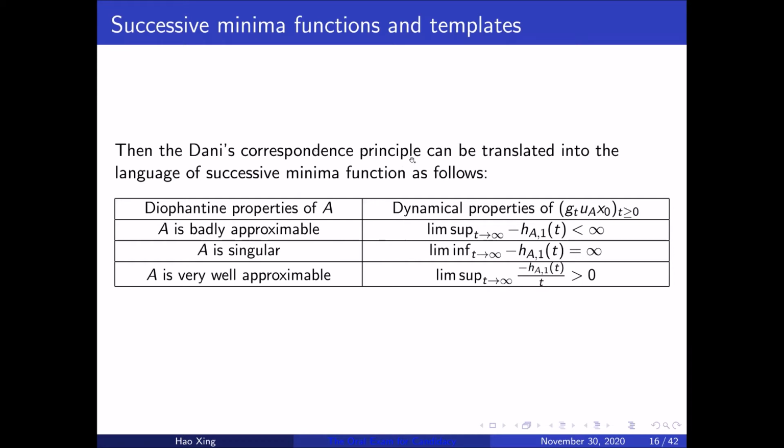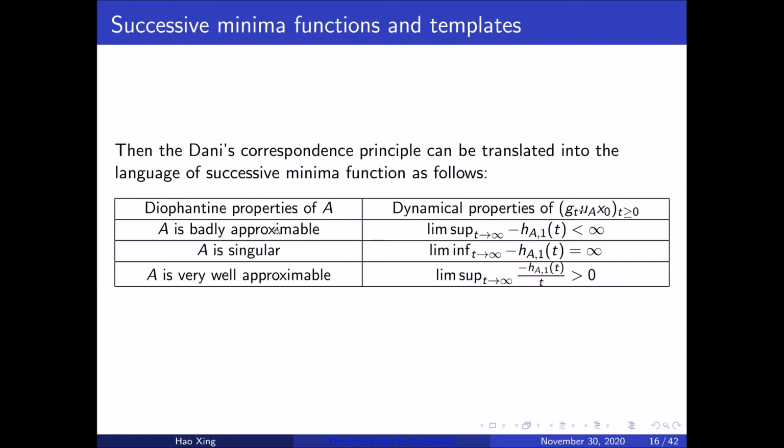So now we can translate Dani's correspondence principle into the language of the successive minima functions, as shown in this table. The Diophantine properties of A correspond to the dynamic properties, now of the orbits.